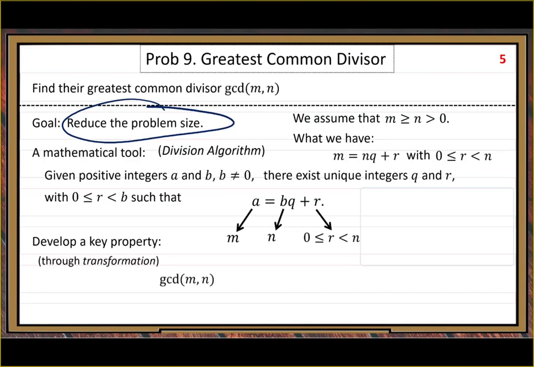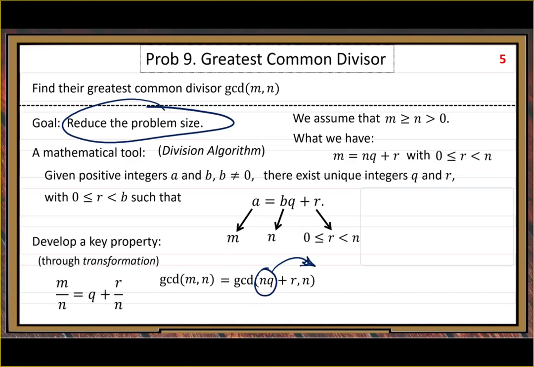How to do it? GCD of m, n, we replace m by nq plus r. Here you can see the nq term is a multiple of n. This property is useful here. How do we use this property?